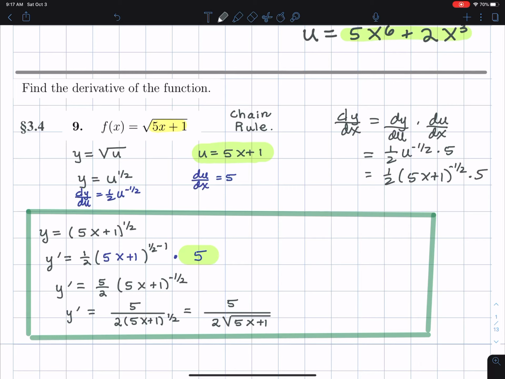It makes it look way more complicated. So you could do it that way. But what I have in green here is what we want to do usually. But just keep in mind what we have: the two functions, y equals u to the half, u equals 5x plus 1. We find the derivatives of each of those, multiply them together. That's the chain rule.